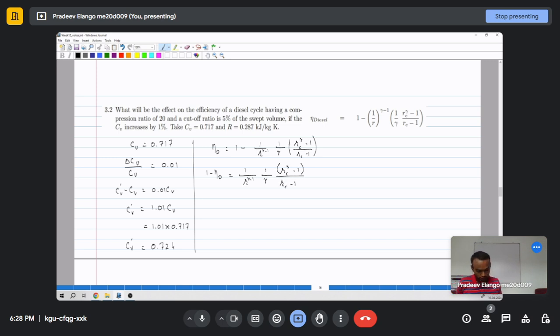So again we can write gamma minus 1 as R by CV, and similarly where gamma comes we can write it as R by CV plus 1.